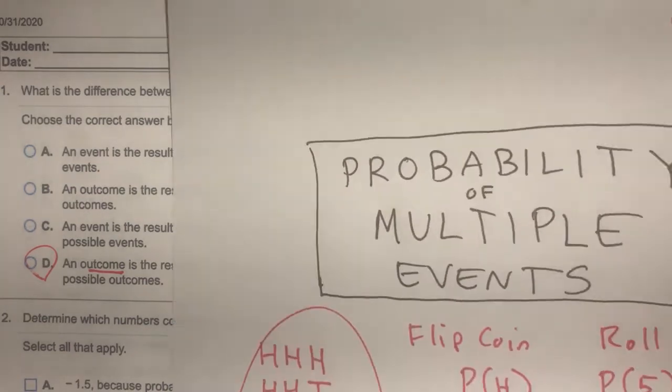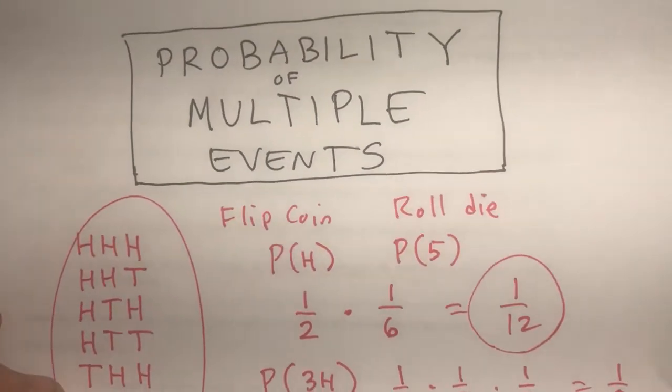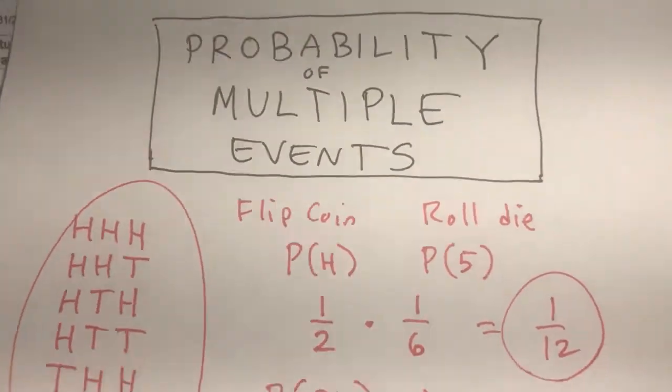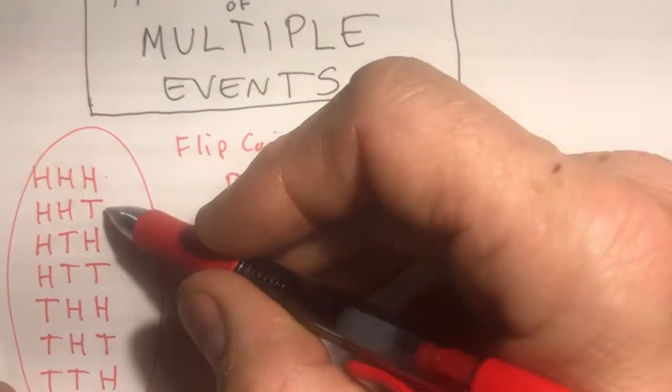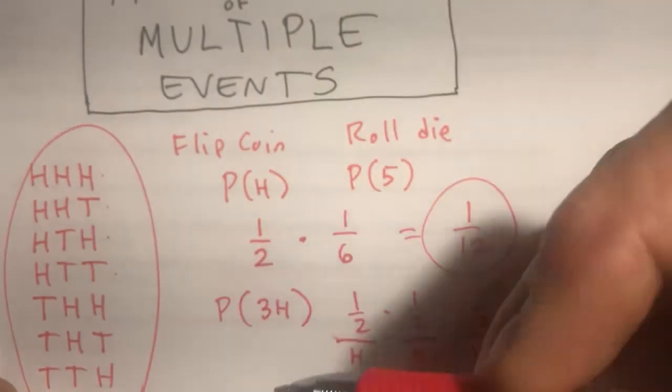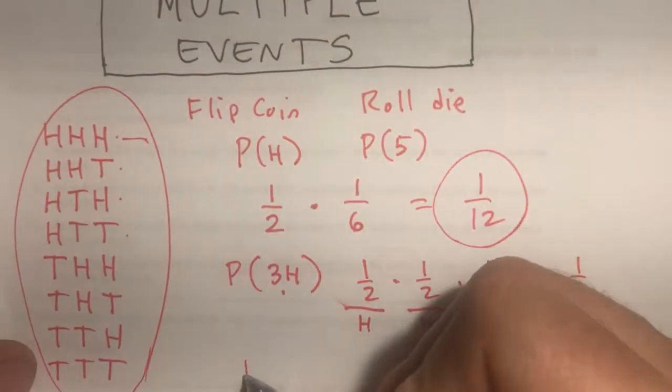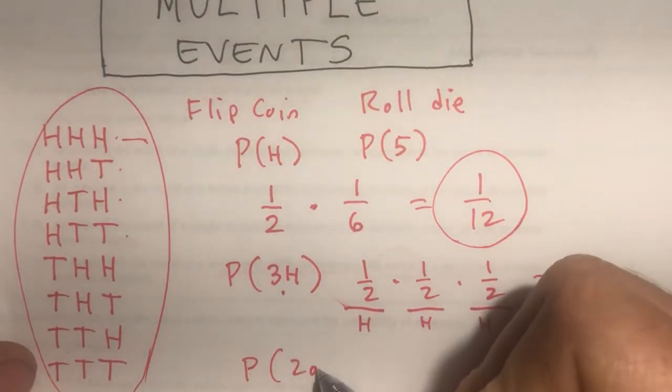Now, let's go back to this. Let me explain what that is. Now, these are my possible outcomes. Each one of these, there's 8 possible outcomes. Now, this event was what I wanted, all 3 heads, which is this one. Now I could have had this, probably that I had 2 or more heads.